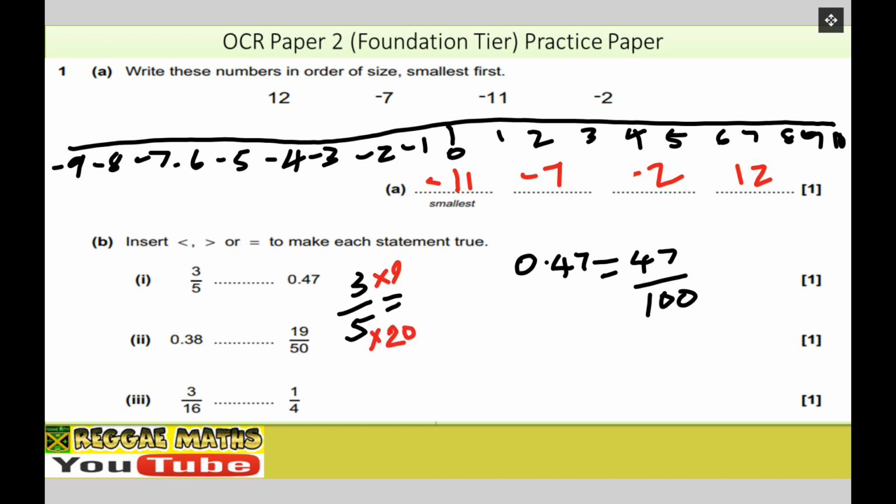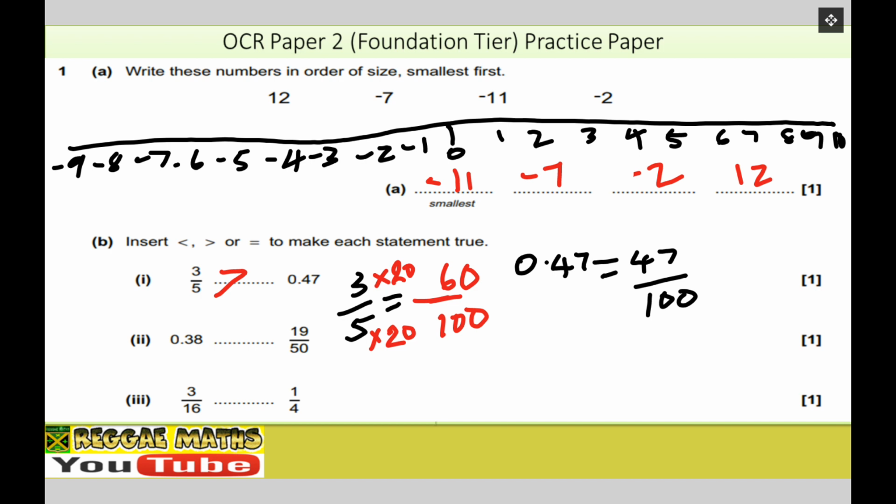Then I need to times the same thing to the bottom and to the top. So 20 times 5 is 100. 3 times 20 is 60. So now you can see that 3/5 is greater than 0.47.